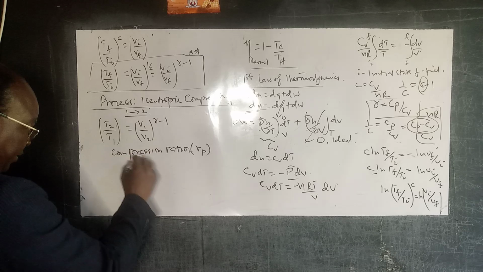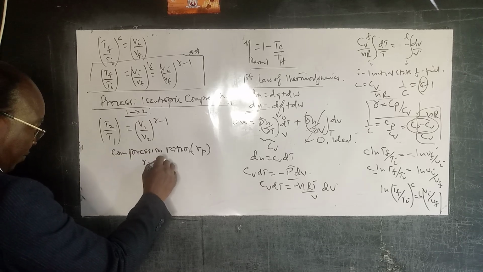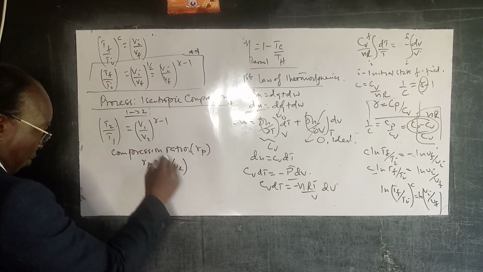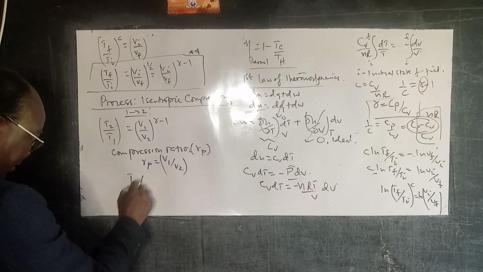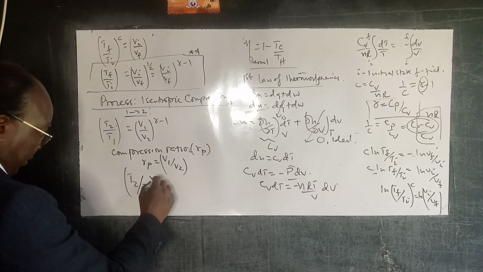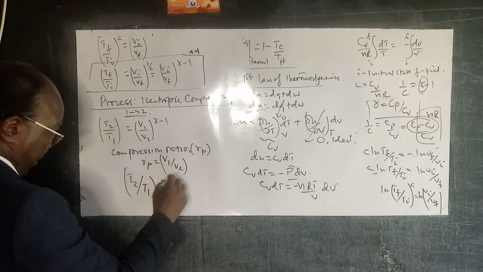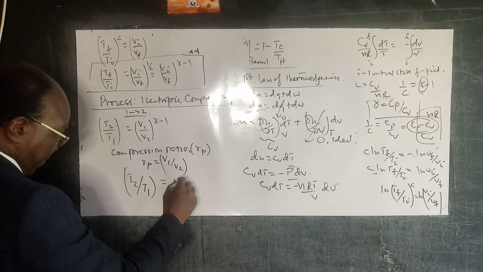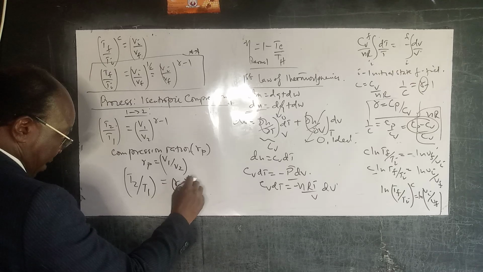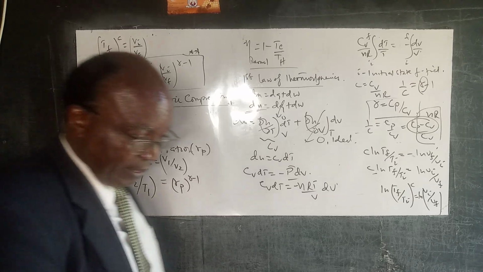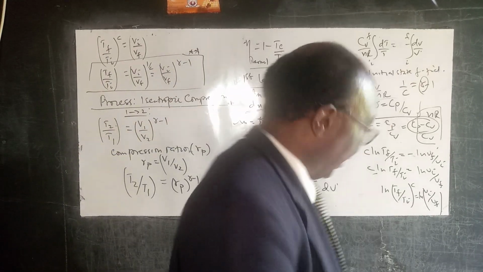RP is equal to V1 over V2. Therefore, we can say that T2 over T1 is equal to RP raised to the power gamma minus 1.